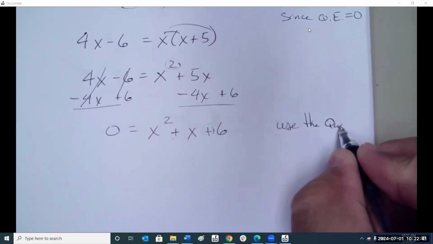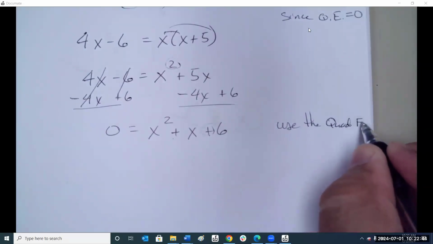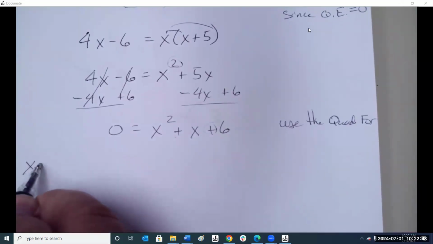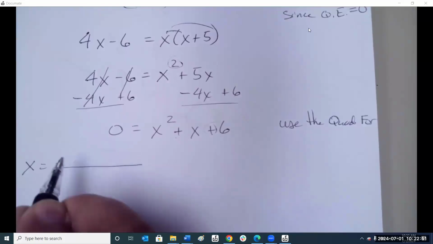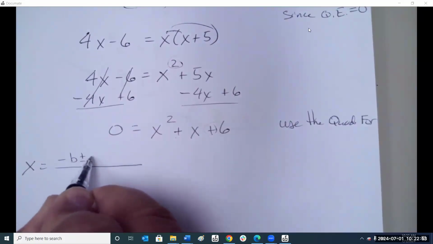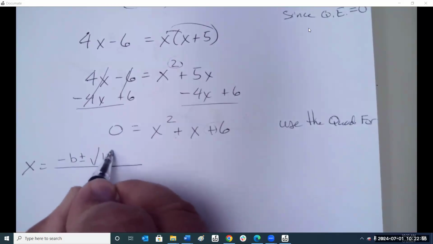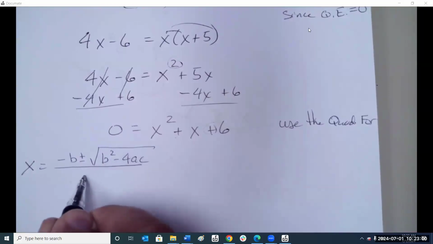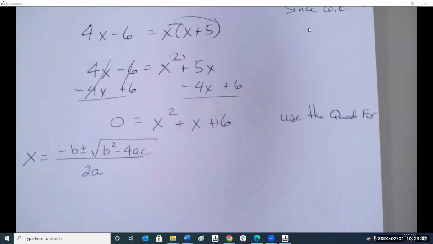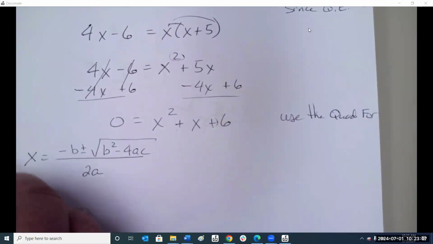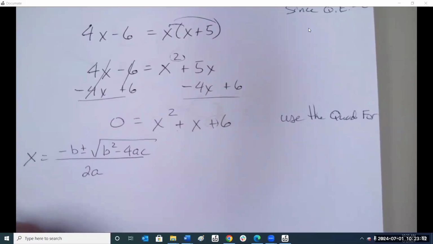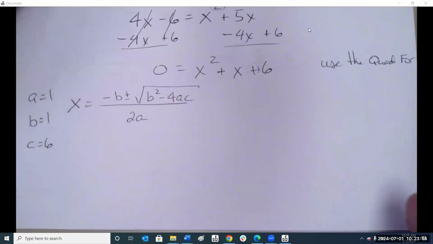Use the quadratic formula. So x is equal to negative b plus or minus the square root of b squared minus 4ac over 2a. a is equal to 1, b is equal to 1, c is equal to 6.